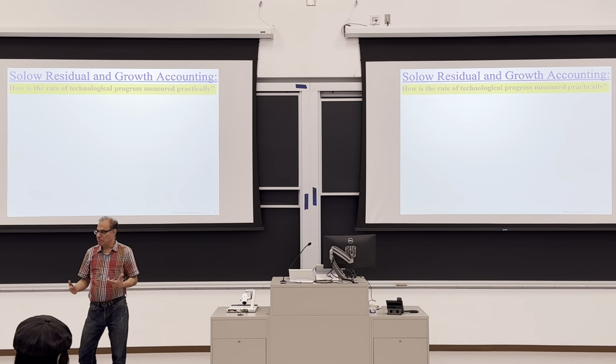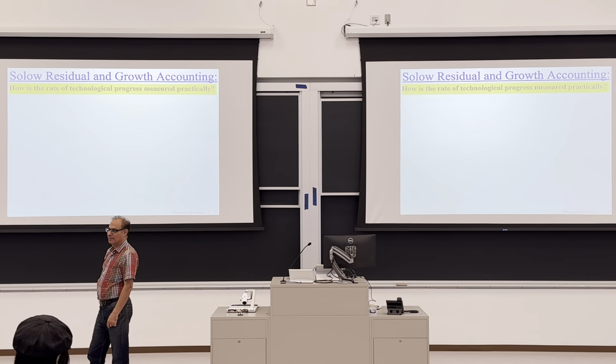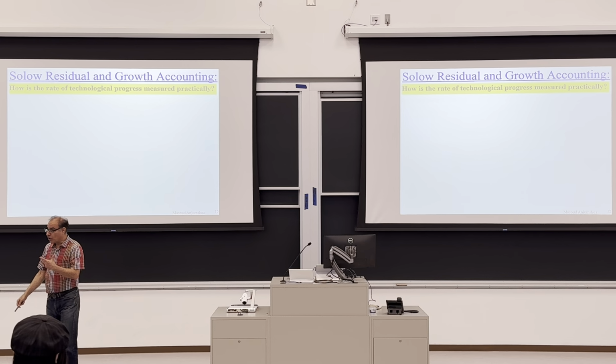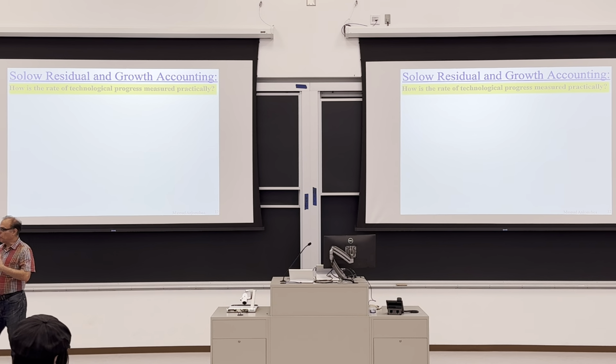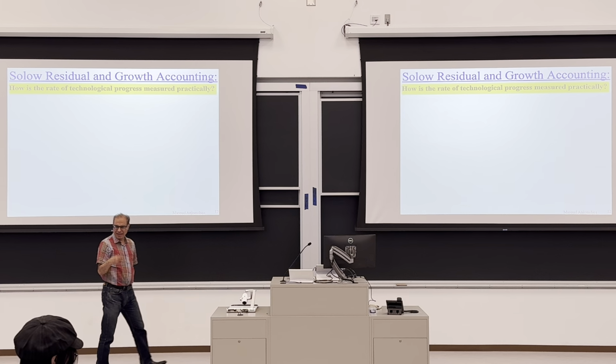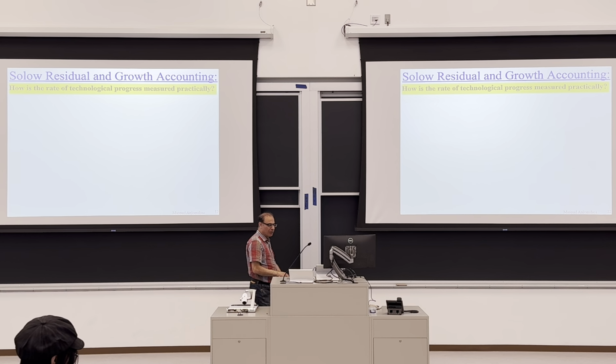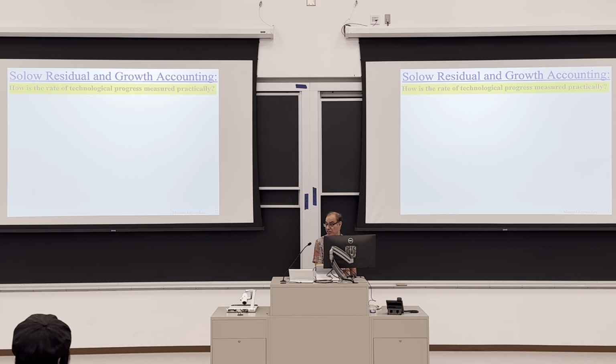So how do we measure technological progress? He was, again, the first person coming up with a plan. Of course, people criticized him a lot. When you are inventing something new, people say, yeah, he has some problems. So, you see, he measured technological progress using a technique called the Solow residual.